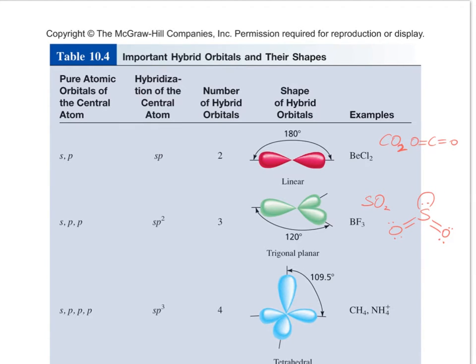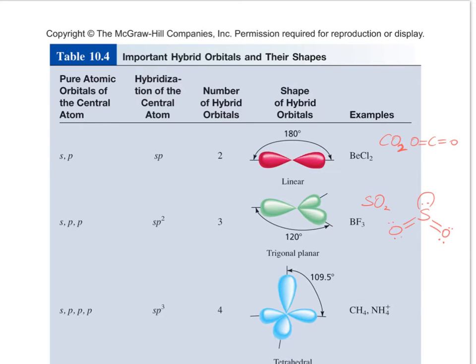But when we have 2 bonding pairs and 1 lone pair, the arrangement of the 3 pairs is trigonal planar, and this leads to sp2 hybridization of the central atom, which is sulfur here.